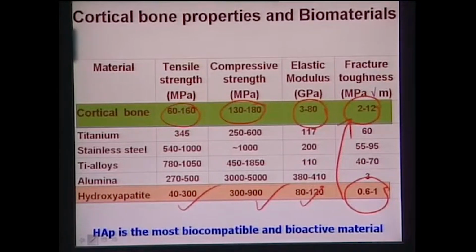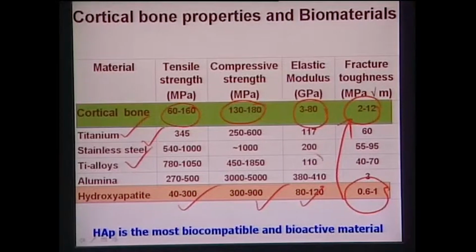So hydroxyapatite has good biological properties, but you also have to know that hydroxyapatite lacks certain physical properties, and that is the reason why hydroxyapatite cannot be used as a bulk implant material for several bone replacement applications.